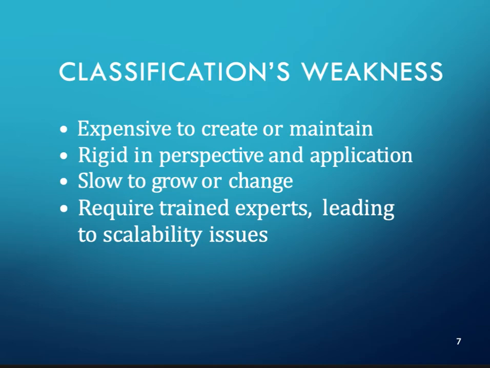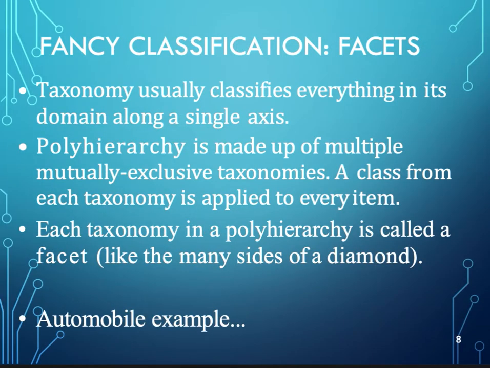So the facet, for example: taxonomy usually classifies everything in a domain along a single axis. You see the similarities are quite the same as you go along the line.